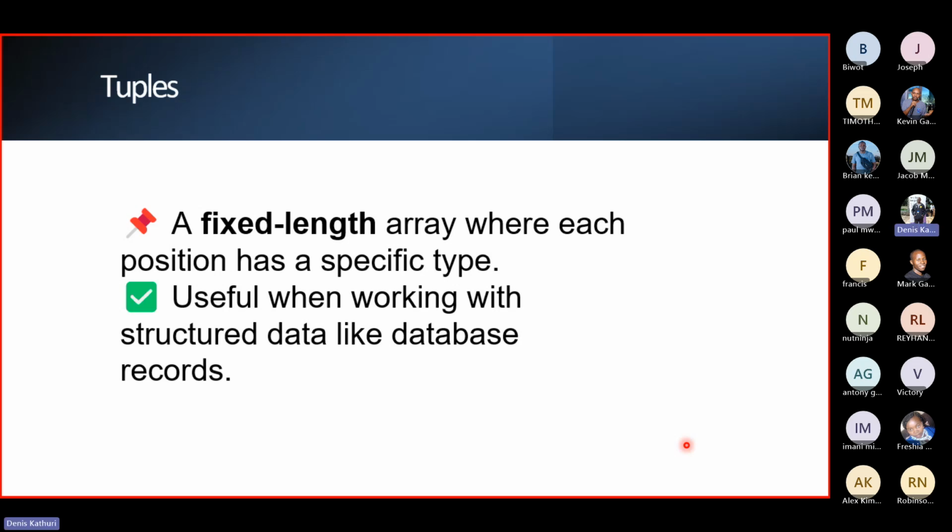Both of them are arrays, but a tuple can store multiple different data types and also has a specific length. Other use cases, as I said, are database records where you have specific rows, coordinate pairs like X and Y, and also an HTTP response format.